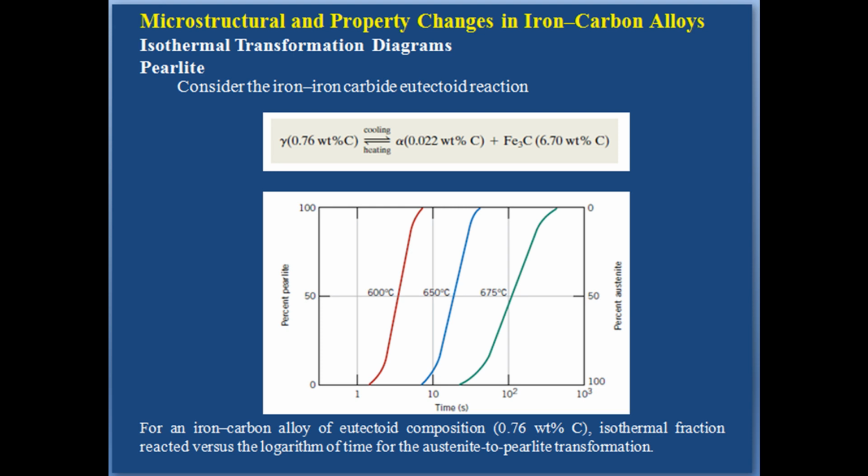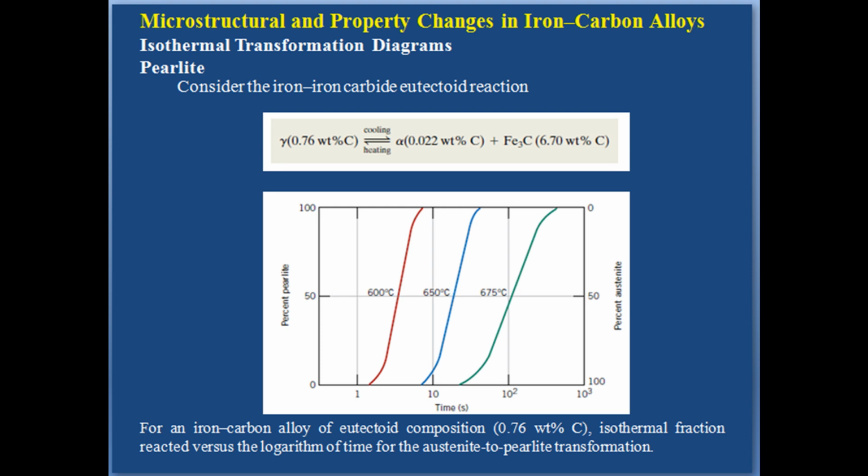Upon cooling, austenite, having an intermediate carbon concentration, transforms into a ferrite phase, which has a much lower carbon content, and also cementite, which has a much higher carbon concentration. Pearlite is one microstructural product of this transformation. The mechanism of pearlite formation we have also discussed earlier.